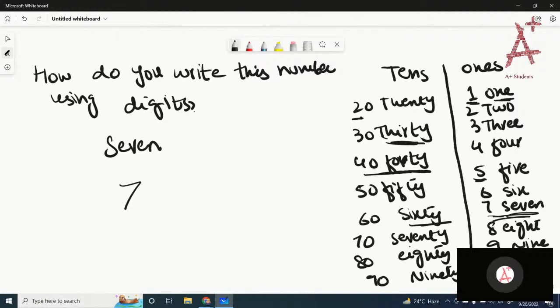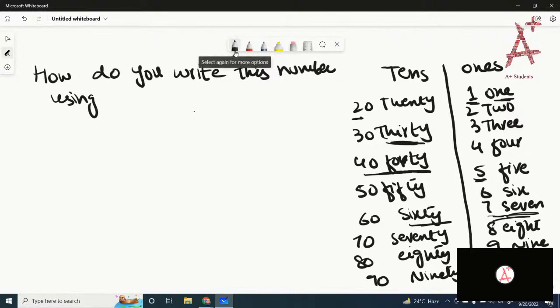The next one is, how do you write this number using words? Okay, 71.